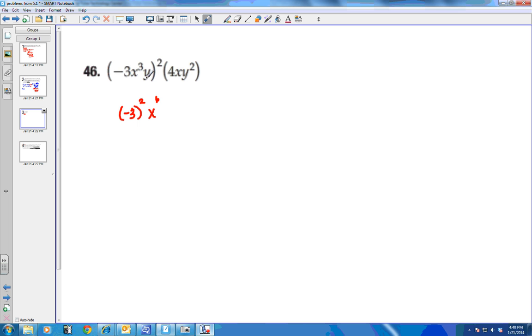Then I have y squared, which is just y squared, and that's in parentheses, times 4xy squared. Now this 2 didn't go with everything because it's on the inside of parentheses, not the outside. So I'm going to fix this. This is actually 9. So that's 9x to the 6th y squared times 4xy squared.